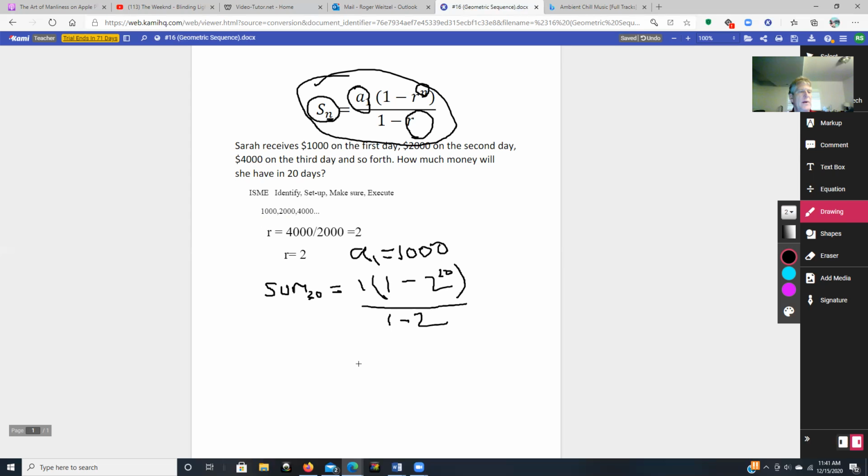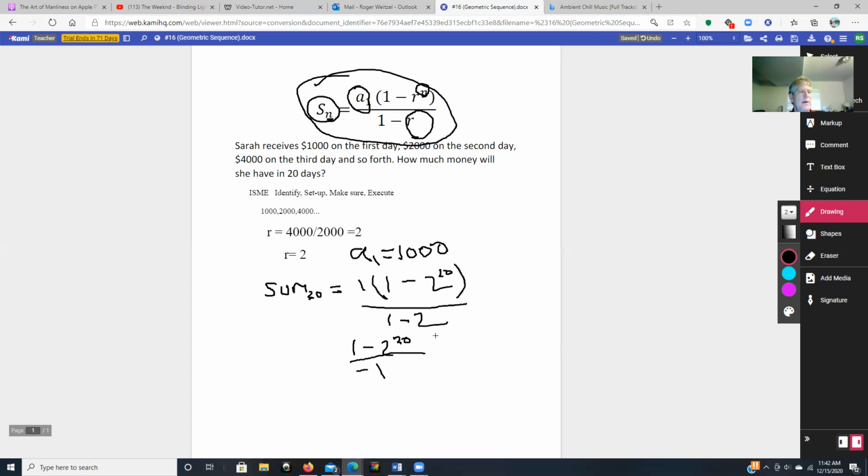We're going to have on the top here 1 minus 2 to the 20th. So we can see that's going to be a negative number. It's going to be over 1 minus 2, which is going to be minus 1.